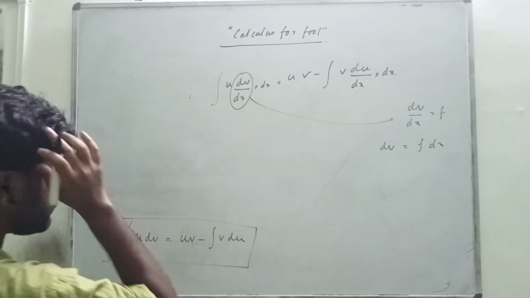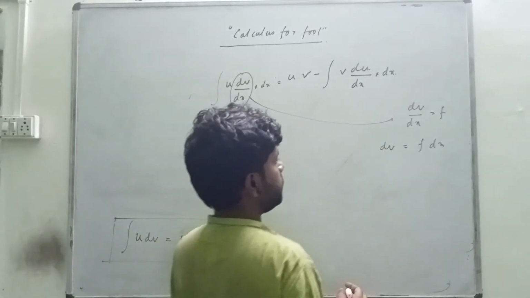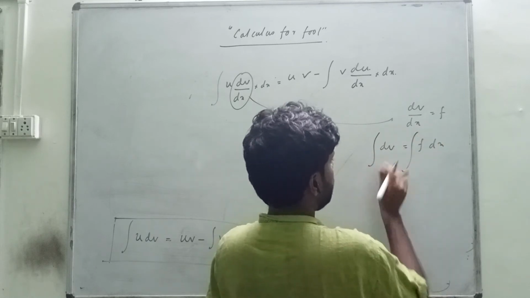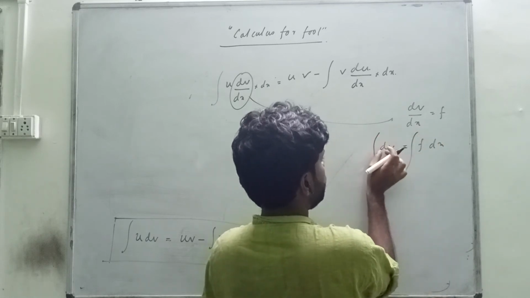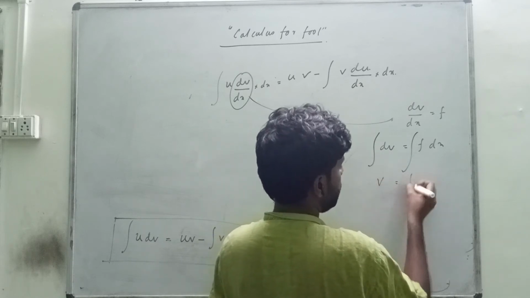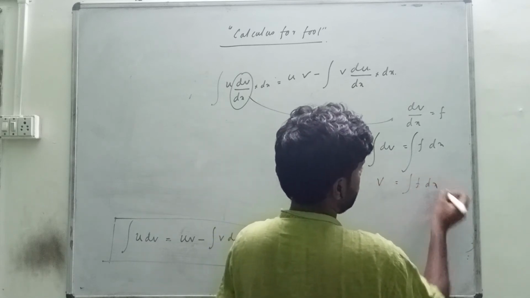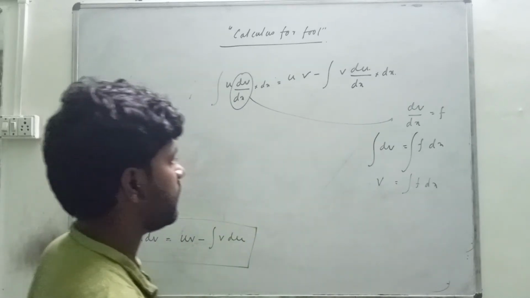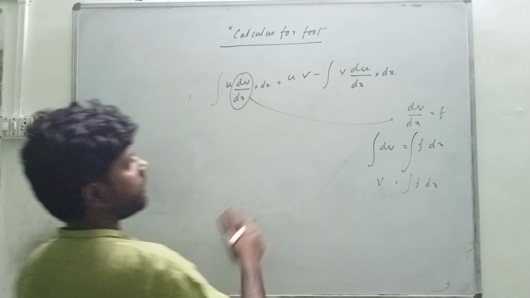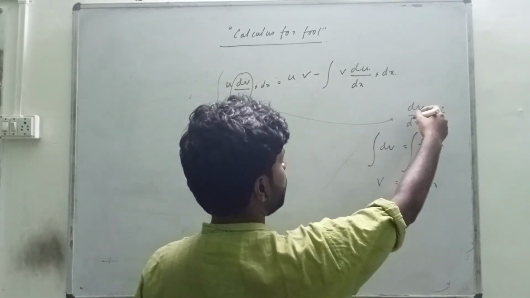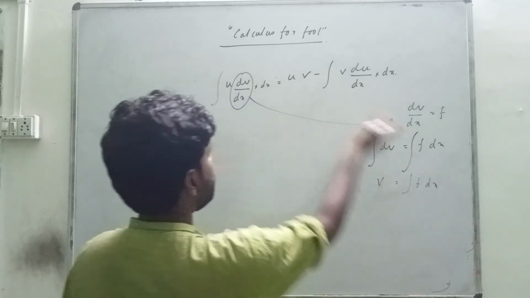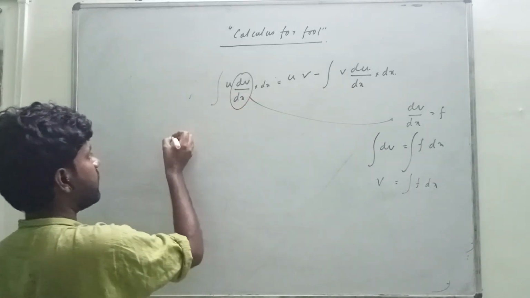If I introduce the sum of here, then the sum of a little bit of v, that means v, is the integral of f dx, right? So v is the integral of f dx. Just introduce these things: dv over dx equals f, and v equals the integral of f dx.